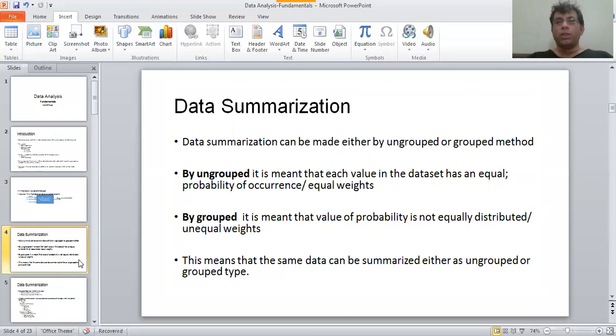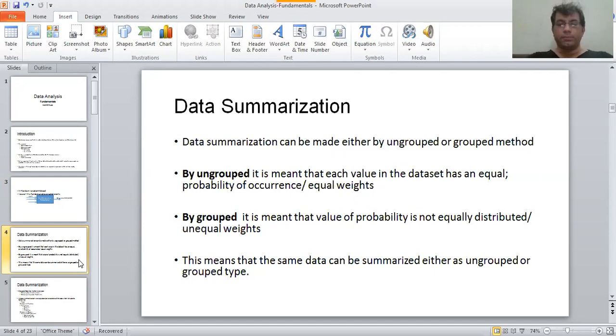Like for example, if you see a very huge tree in a garden, a big coconut tree, then remember that in order to get that big tree, it is required to have a very good seed that could be sown in the soil. If the seed was not good, then the tree would not come out. And seed is the fundamental thing. So fundamentals are always very important. Okay. So the summarization of the data can be made either as ungrouped data statistics or group data statistics.